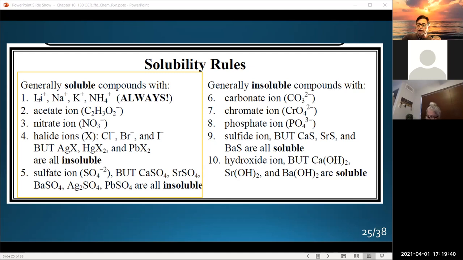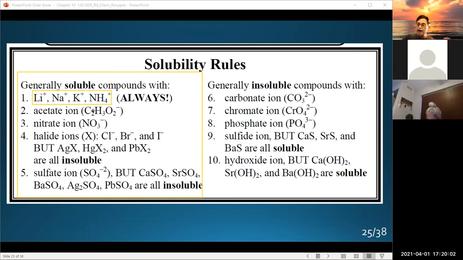So any anion, any negative charge ion bonded to these four is always soluble, 100% of the time. All right, just those four.